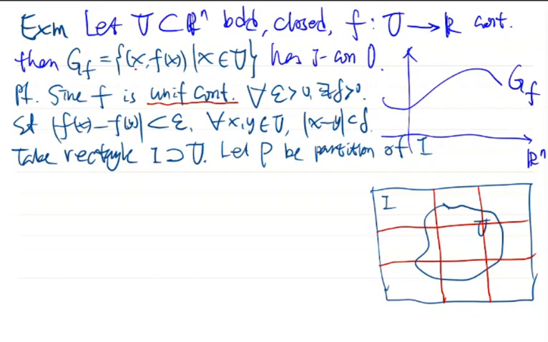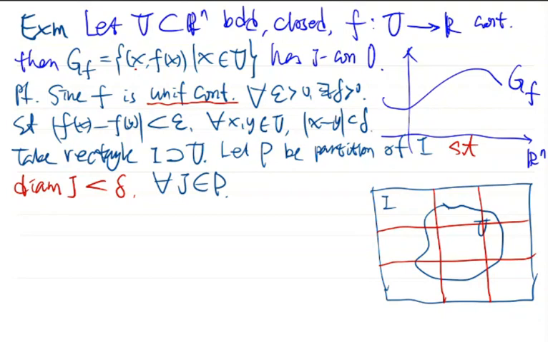We take a partition of I such that the diameter of every subrectangle belonging to this partition is less than delta.